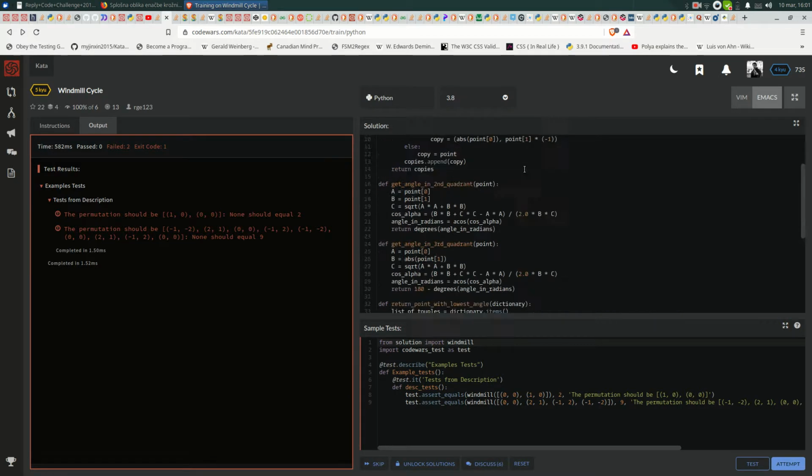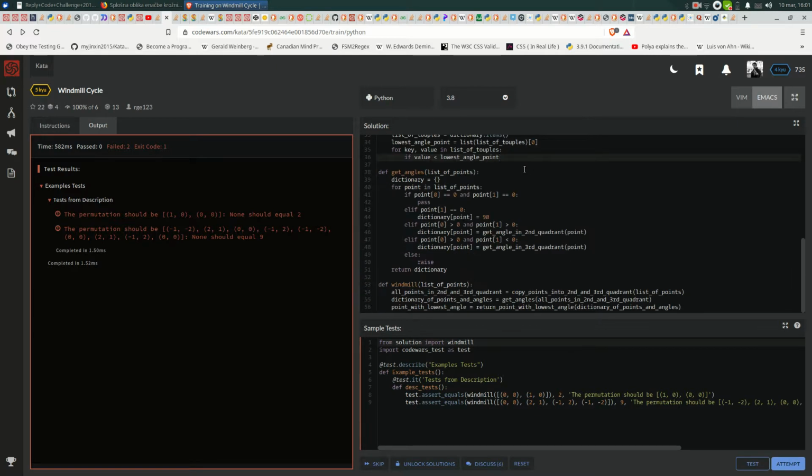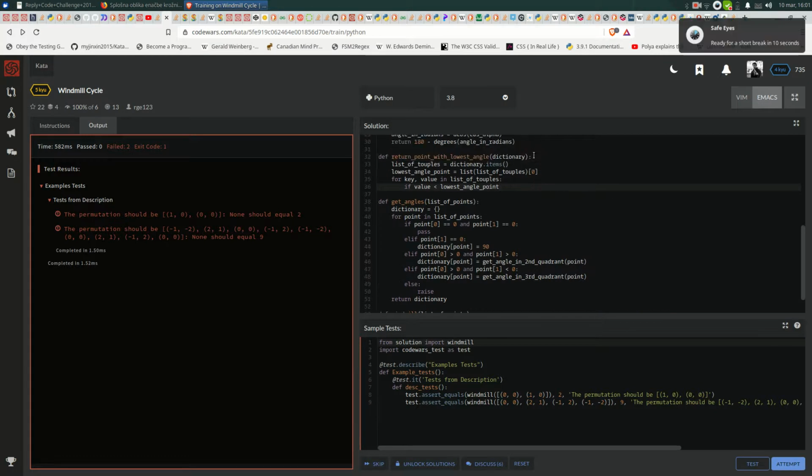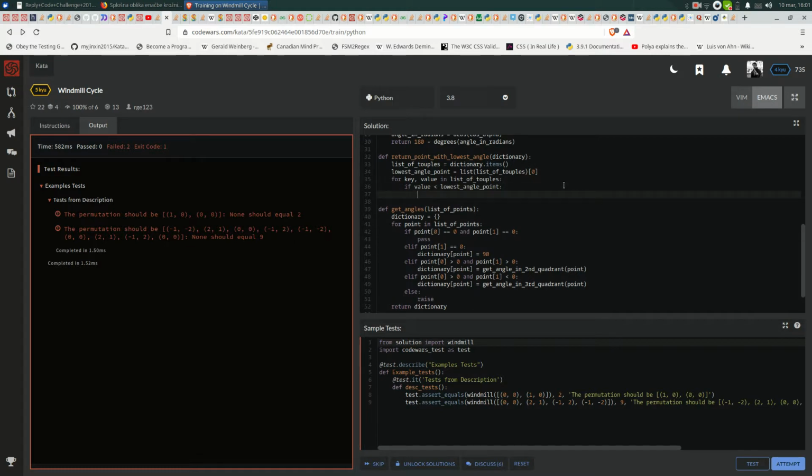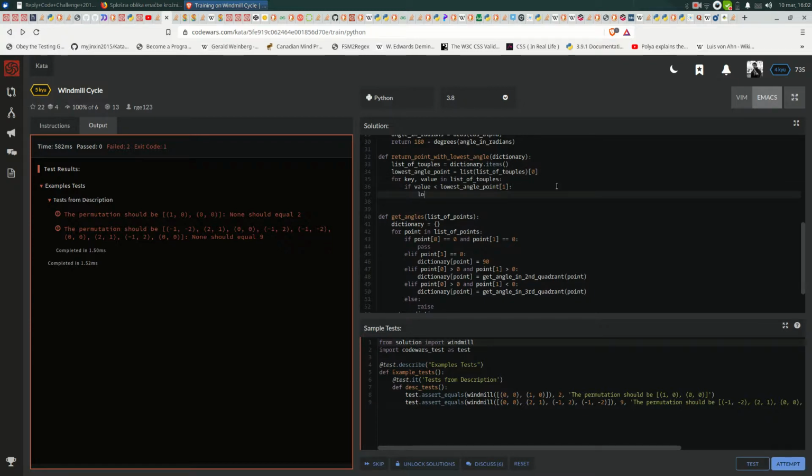This program is going to be so hard to debug if something goes wrong. Lowest angle point. Then what do we do? We say, oh, lowest angle point, the second, right? I mean the first. Because if we do, we say lowest angle point is now key and value.